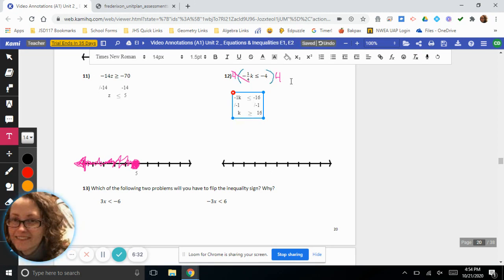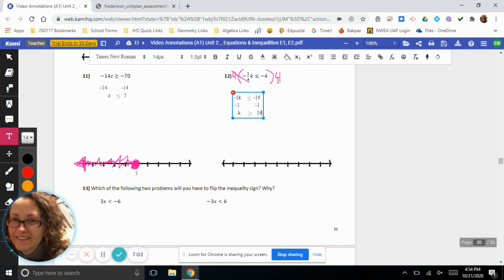Now, if you want to even simplify this work for yourself a little bit more, I can multiply up here by a -4 and basically do all of this work all in one go. So if I multiply by a -4, not only am I going to get rid of my denominator, I'm going to get rid of my negative sign on the left, so I'll be left with just k.